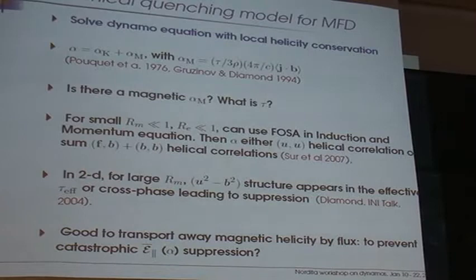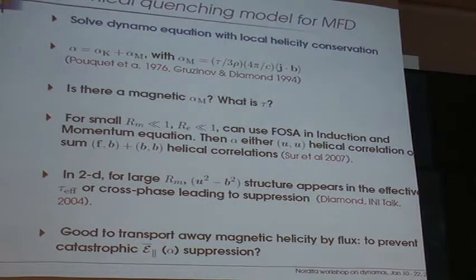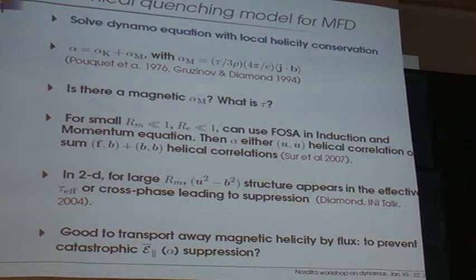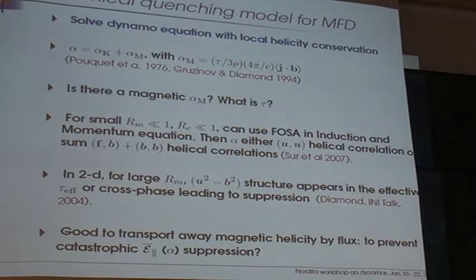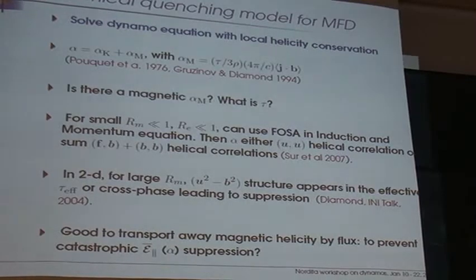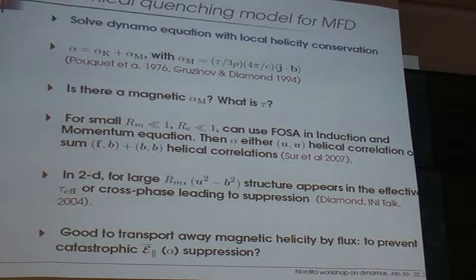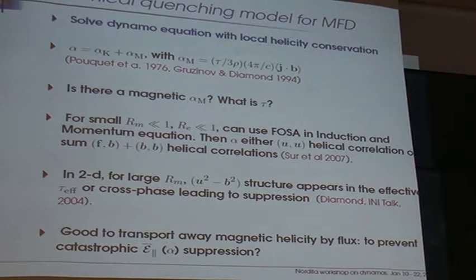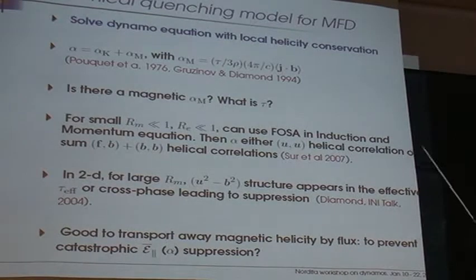But if you just stuck to the induction equation, you will first solve for the small scale magnetic field. Then you will take the actual U, cross it with the small scale magnetic field, and you'll get the alpha effect. Something which people don't do normally, but you could just stick to the momentum equation.